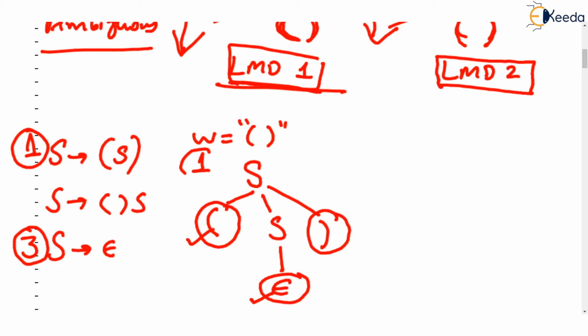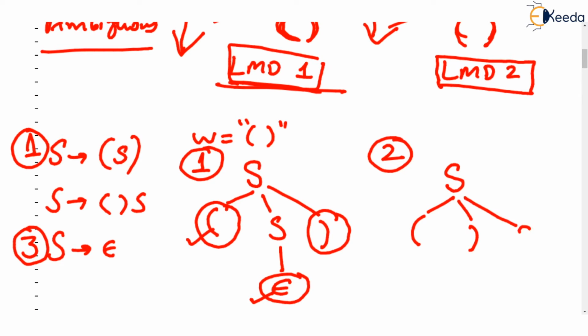Somebody else might say that this same string for this grammar can be derived by starting with the root node, and the first production that we use is open bracket close bracket S. Check. Now this person has started using the second production, because even this will lead to the answer, since in the next step you can replace this S with epsilon.